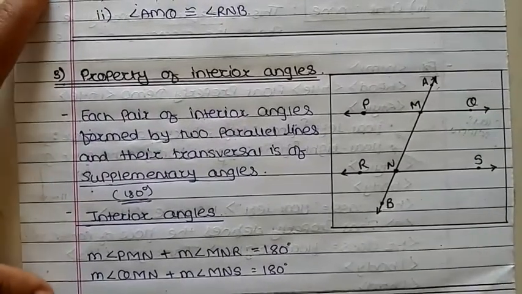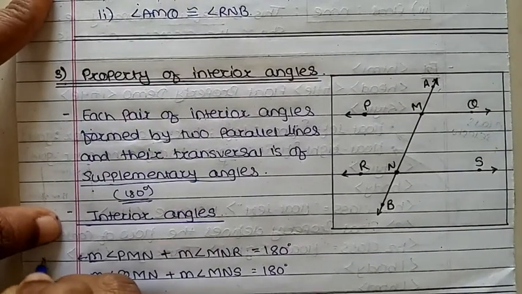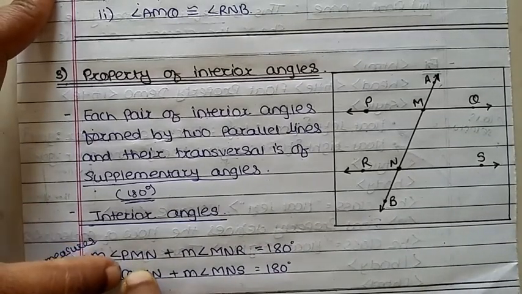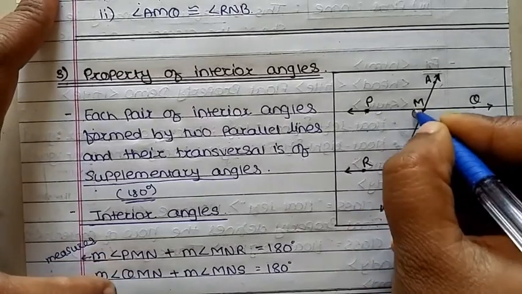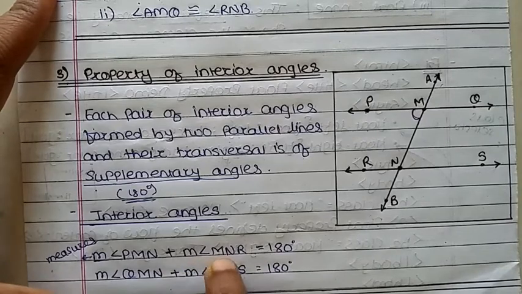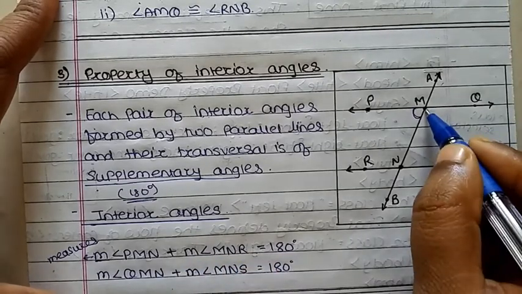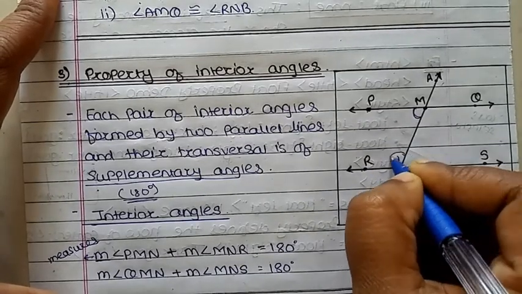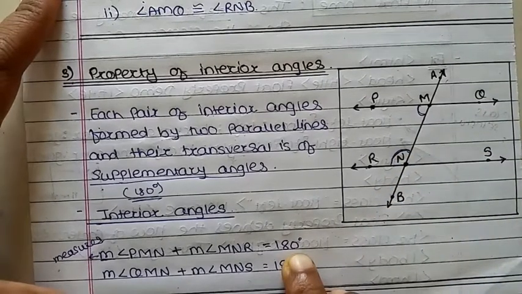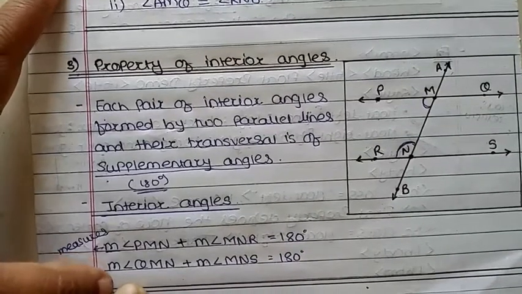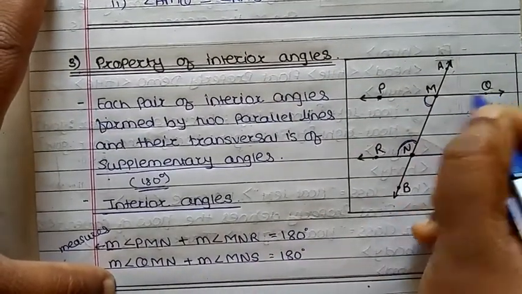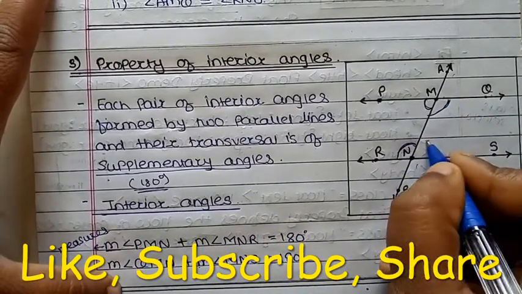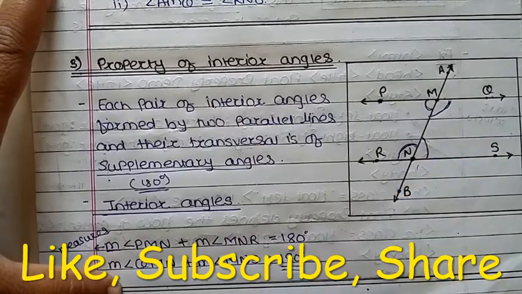So for the interior angles, the measure of angle PMN, this one, plus the measure of angle MNR, this one, is equal to 180 degrees. Then the measure of angle QMN, this one, plus the measure of angle MNS, this one, is equal to 180 degrees.